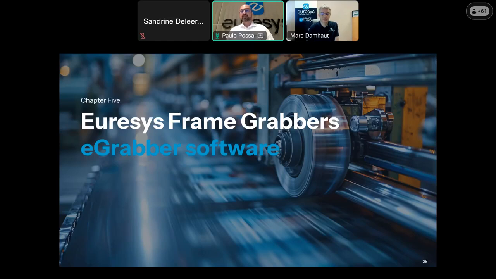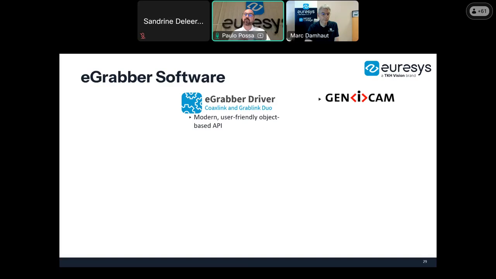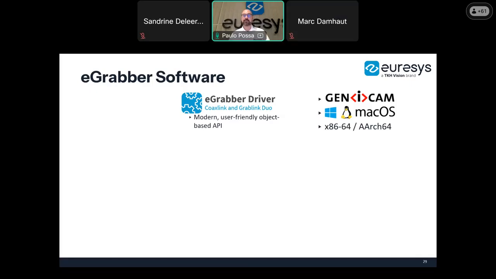So now let's take a quick look at the Coaxlink software features. We have a whole software framework that is just distributed with our products, starting with our eGrabber driver, that has a modern and user-friendly object-based API. It is fully compliant with GenICam, supported on Windows, Linux, and macOS for both ARM and x86 architectures.